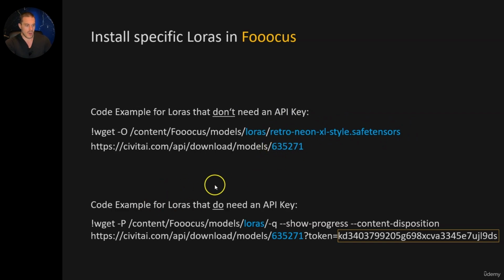For a LoRA that needs an API key, you have your API key at the end, and you have the specific number here, but you don't need the file name anymore. So all you need is the specific number of the LoRA and your API key.